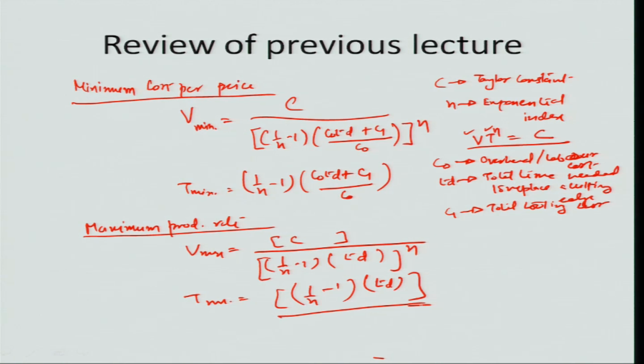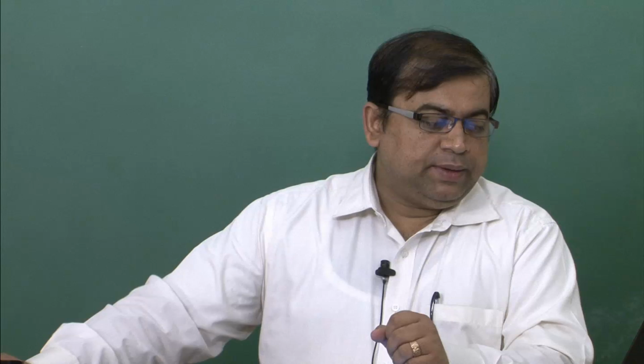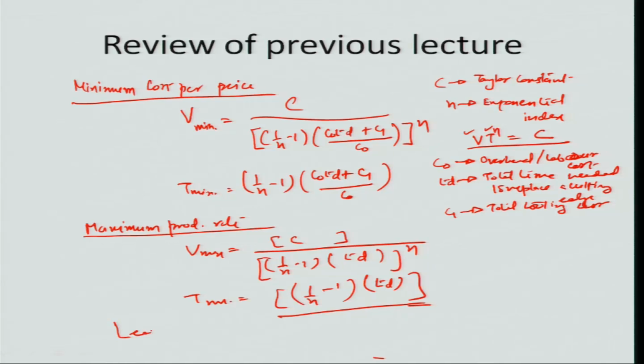So having said that, now the lead time which comes into picture, assuming that the lot size is of q units, would be represented with this equation: lead time equal to whatever is the setup time.